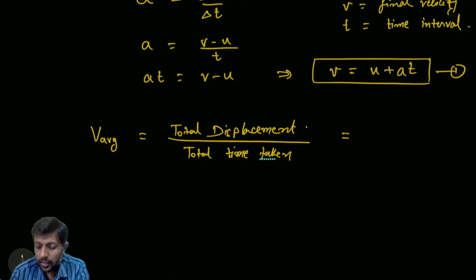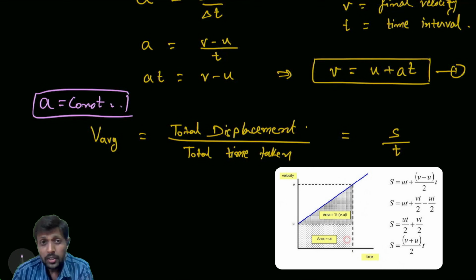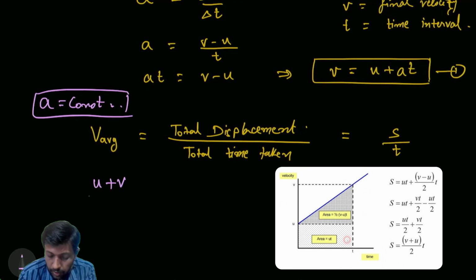Total time taken is t, and let's call the total displacement with a variable s. This is the magnitude of displacement. Okay, we're going to find out the relation between displacement, time, and acceleration. So let's do that. The average velocity when acceleration is constant can be given by u plus v by 2.